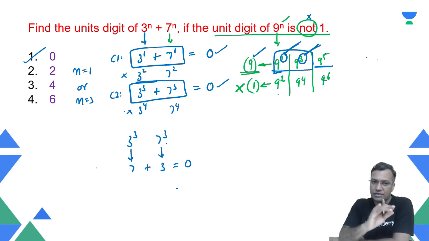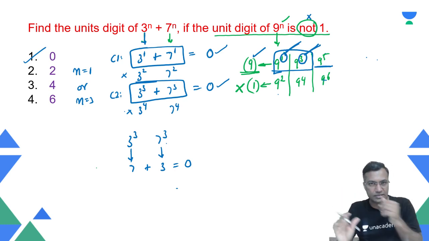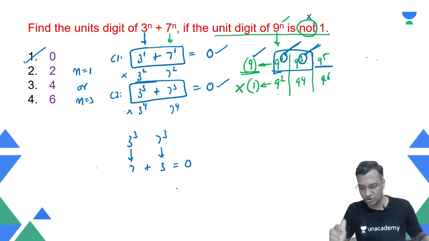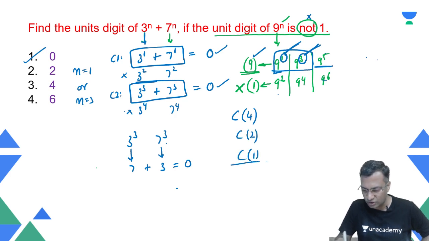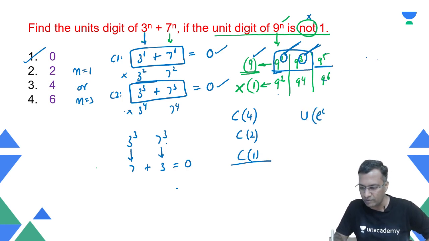Right, that kind of sets us with the revision of cyclicity. Two charts in the beginning of the discussion that we did. We should remember the cyclicity for which digits have the cyclicity of 4, cyclicity of 2 and cyclicity of 1. That is one chart that you might have to remember. The second chart is what we already talked about: the unit digit of the 4th power of an even number, and the unit digit of the 4th power of an odd number.